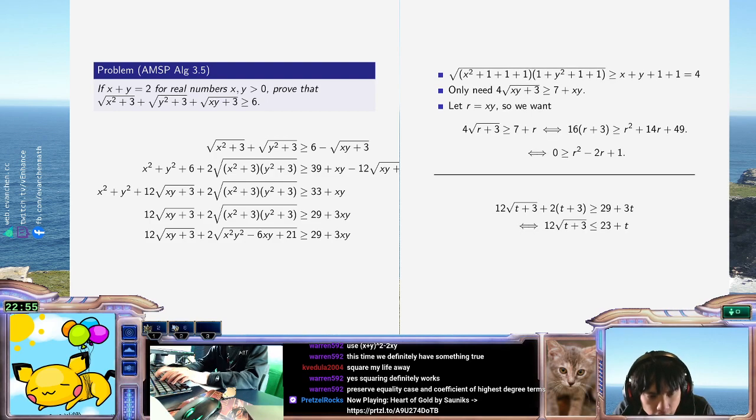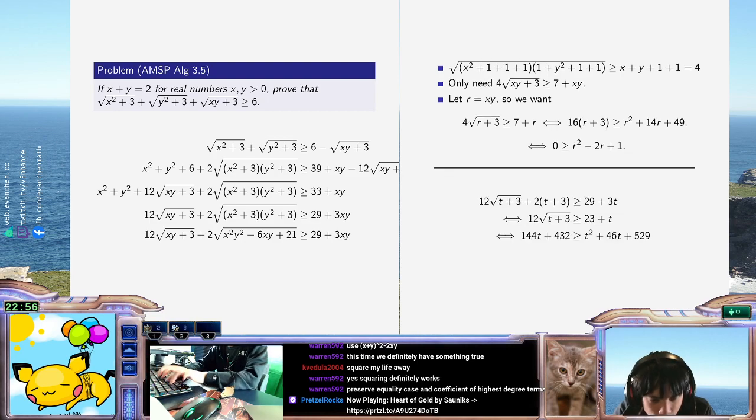So square both sides. Oh shoot. t squared plus 46t plus 529 against 144t plus 432. So this is true if and only if... this might work.